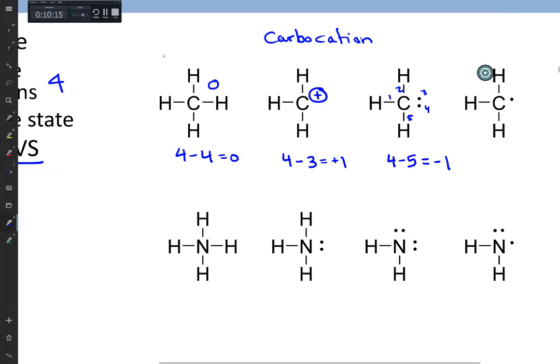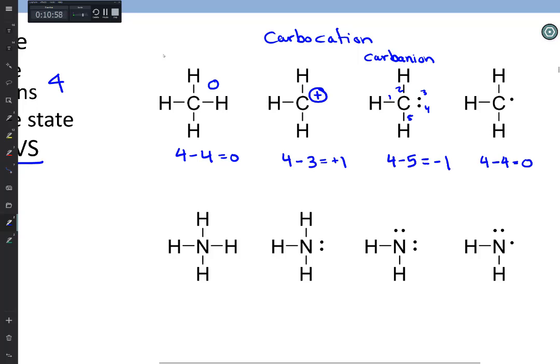And then this is called a carbanion. It is also really common. What's this last one? It's got one electron. So it's 4 minus 4. It's also 0. It's part of the accounting of the charge, which is counting all the electrons.